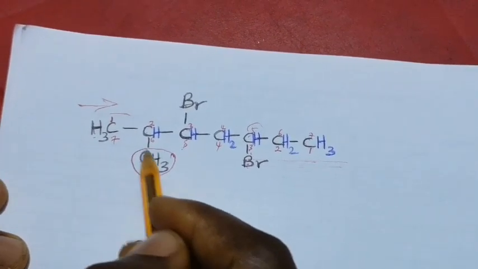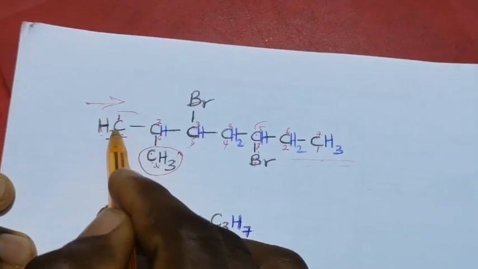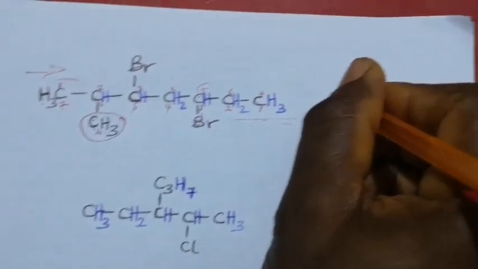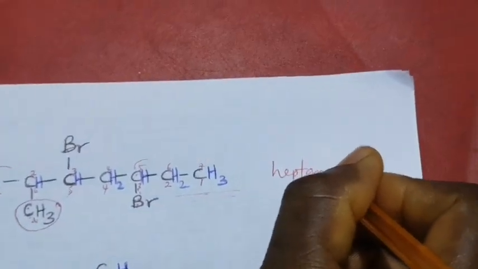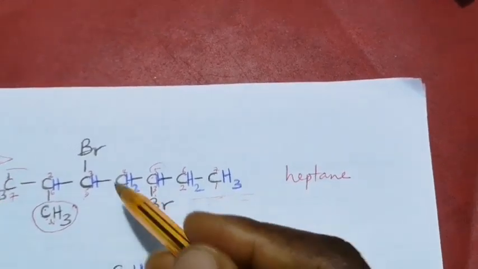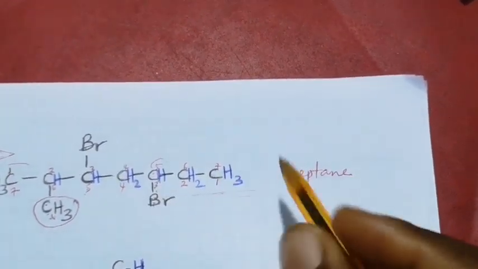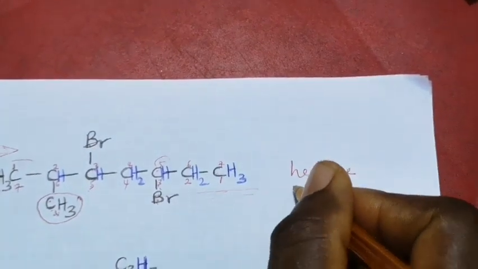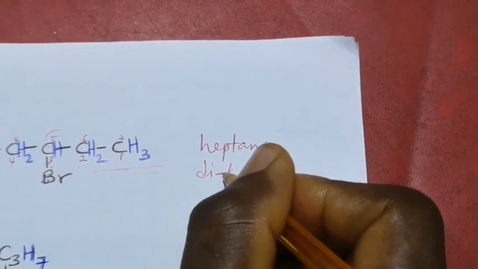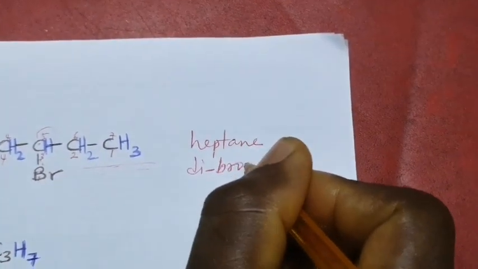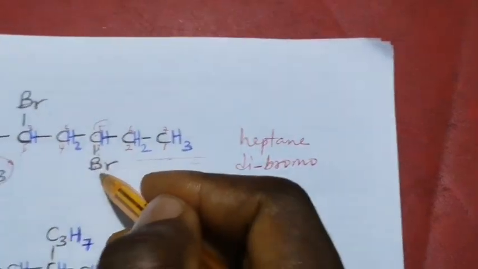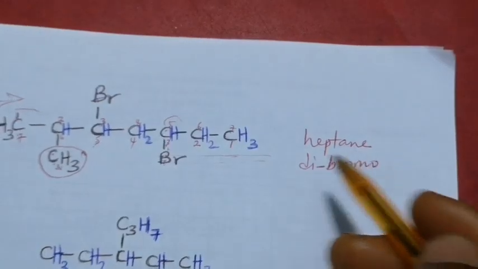Since we have 7 carbon atoms here, it is going to be heptane. Then how many bromine atoms do we have? We have 2, so it is going to be dibromo, because we have 2 atoms of bromine.